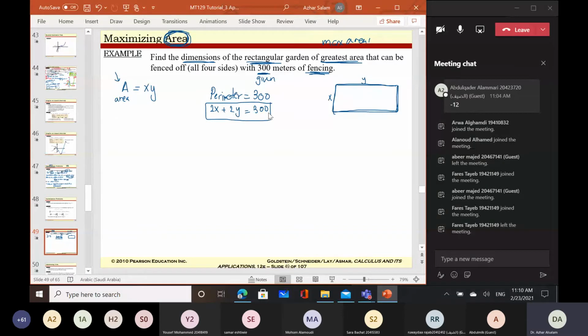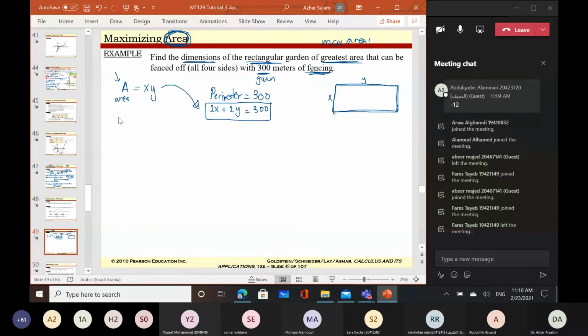2x plus 2y equals 300. Okay, and this is the question. I don't have the area here; I have to find the best area, the greatest area. I have the area, similar to the previous example, with 2 variables. I need it in only 1 variable, so I use the perimeter. استخدم المحيط عشان أوجد الواي بدلالة الإكس وأعوض في الA.